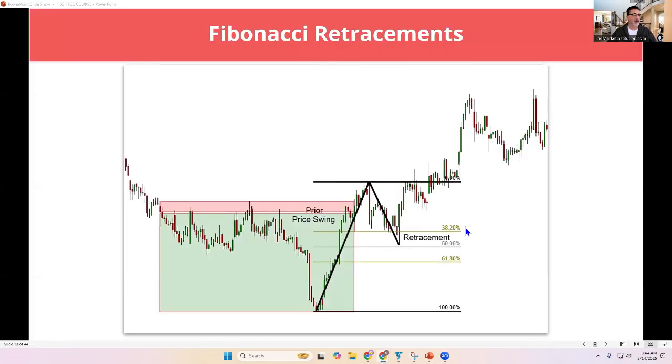Now, I'm alluding to information over to the left-hand side of the chart here. Very often when measuring Fibonacci retracements and extensions, you need a good solid starting point. Most traders just go from peak to valley and valley to peak.